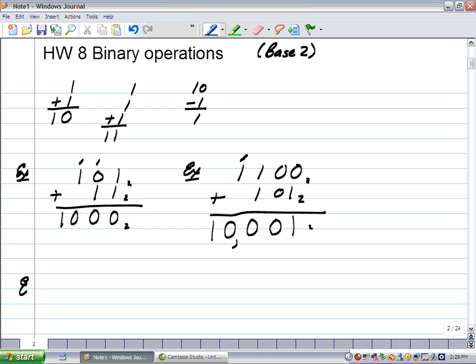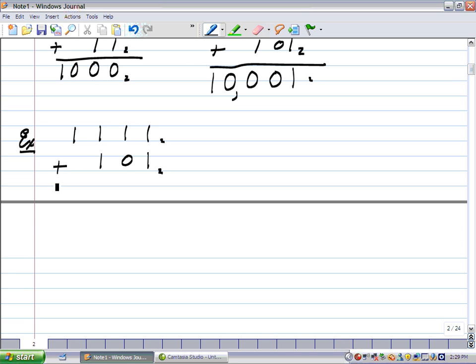Okay. Let's do one that's going to end up with a little bit more carrying. 1, 1, 1, 1, plus 1, 0, 1. Okay. First of all, 1 plus 1 is 1, 0, so I'm going to put a 0. Carry 1.